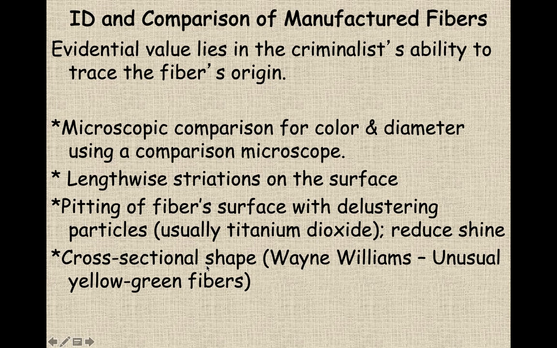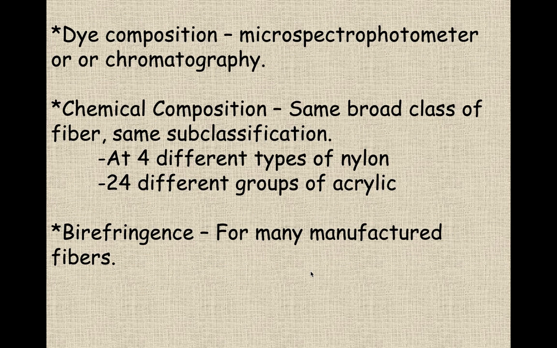And then also the cross-sectional shape, which we've seen examples of. In the Wayne Williams trial, there was that unusual yellow-green fiber with that unique shape also. So along with the color and the diameter for those manufactured fibers, that cross-sectional shape is very useful. The dye comparison. There is something called a microspectrophotometer.